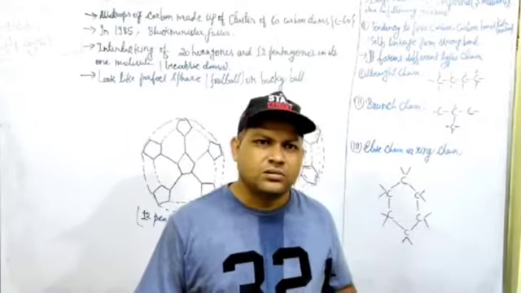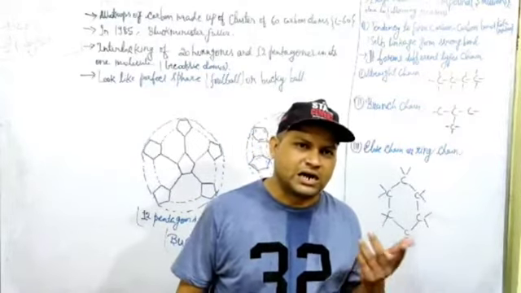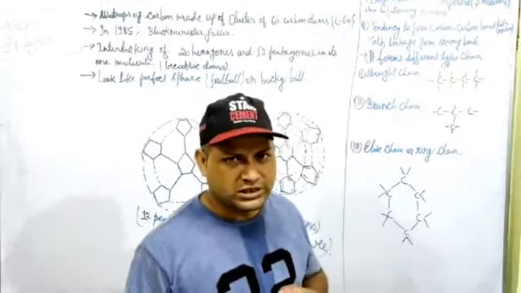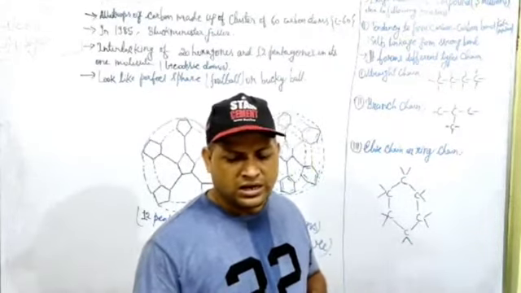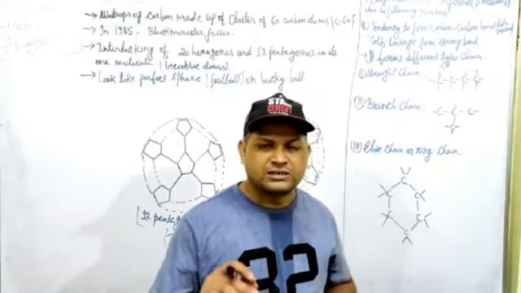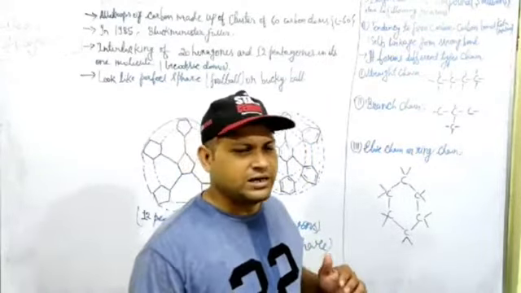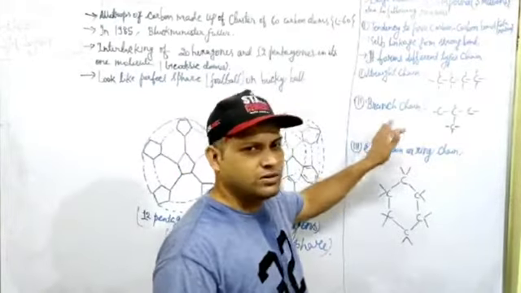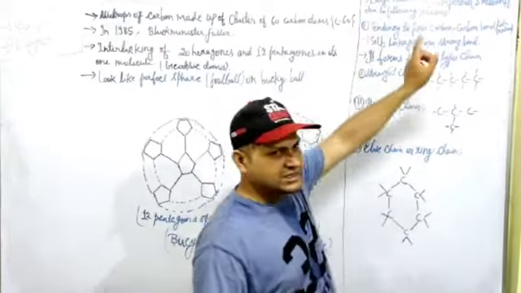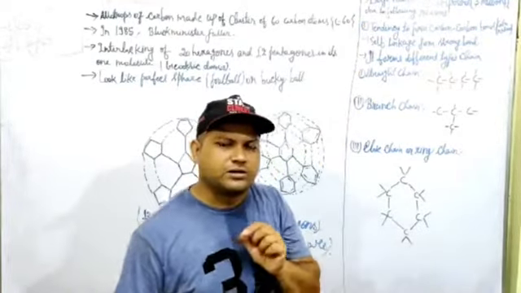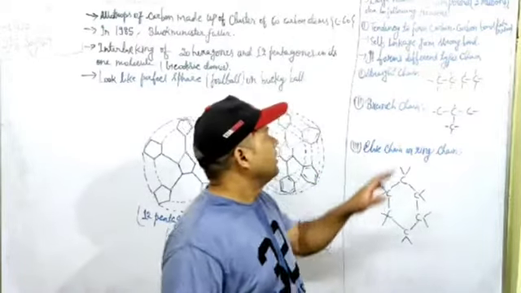The second reason why carbon has a large number of compounds is the tetravalency of carbon. Third is the tendency to form multiple bonds. Let us explain it one by one. Here I have written, this is the unique property of carbon to have a large number of compounds.